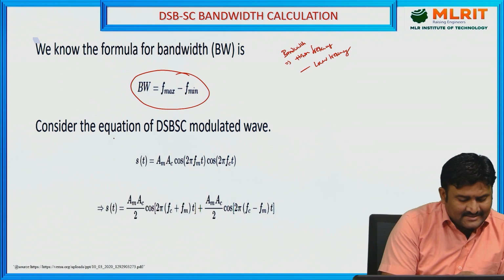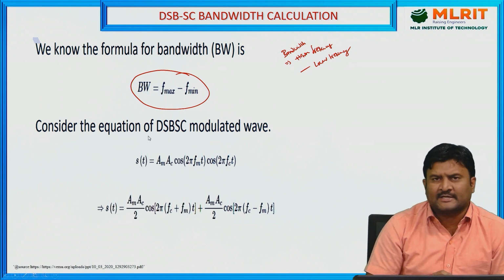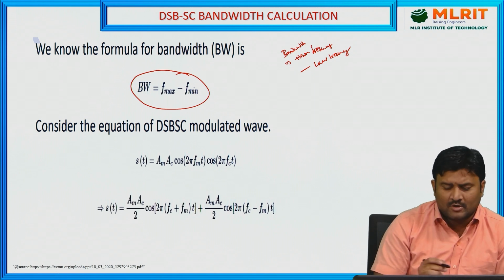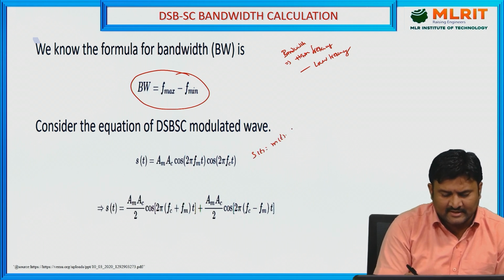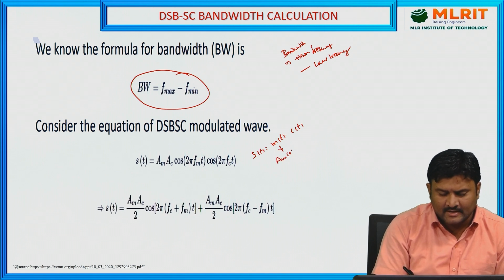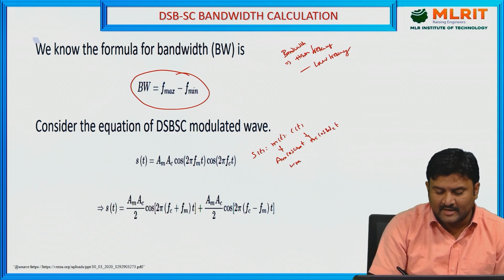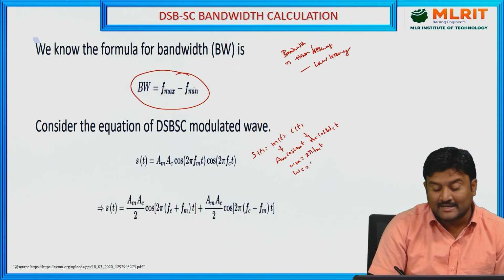Then consider the equation of the DSB-SC modulated wave. S of t is equal to M of t into C of t, where M of t is nothing but AM cos omega mt, and C of t is nothing but AC cos omega ct, where omega m is 2 pi fm into t, and omega c is 2 pi fc into t.